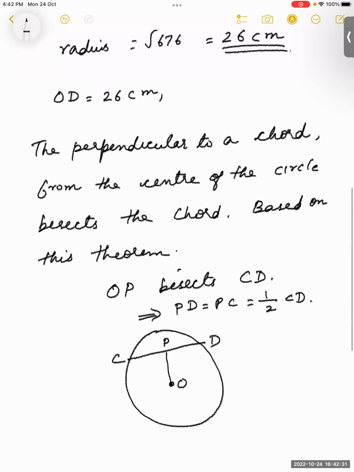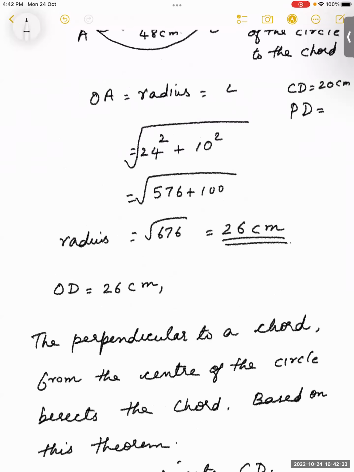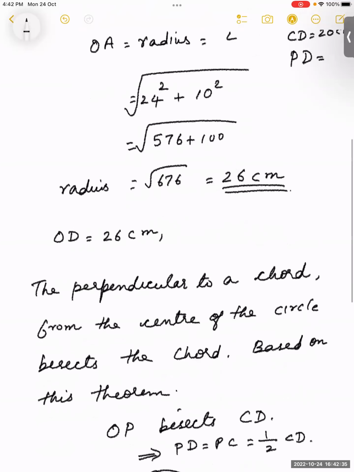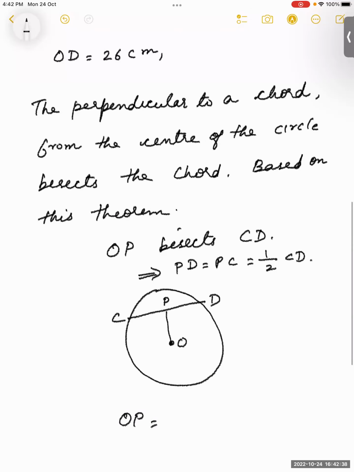Based on this theorem, what do we get for OP? So what will be OP? OP is equal to half of what was CD? One minute. What was CD? 20 centimeter. So what will be OP?